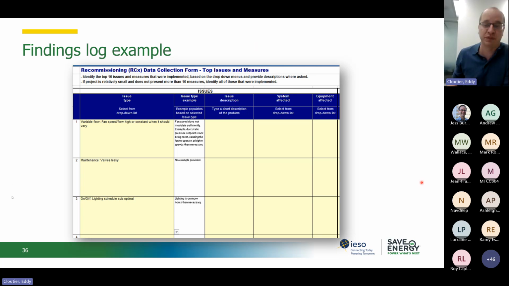So this part can be described in different ways, but will always include the ID of the system and equipment affected, and essentially a technical description of the problem that was found. Sometimes we can also add how the finding was made. Was it a functional test that enabled us to discover the problem? Was it by analyzing trend logs? Was it by discussing with the operator, etc.?